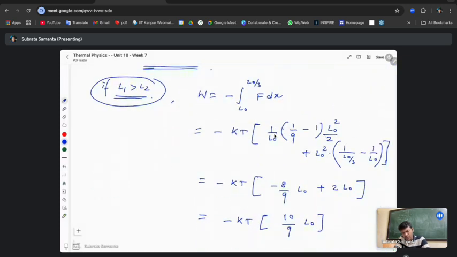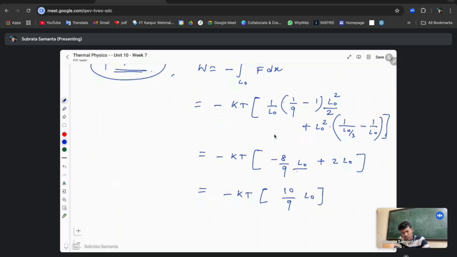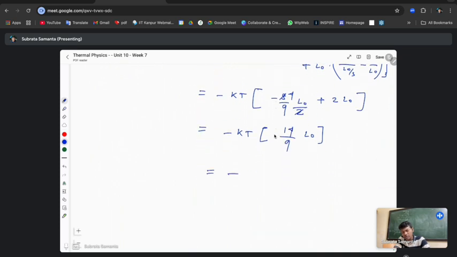So L0 square over 2, L0 over 2, so that means this is basically 9, so 2 to 4, so 14 over 9. So the answer is minus 14 over 9 kT L0. Okay, so any questions so far?